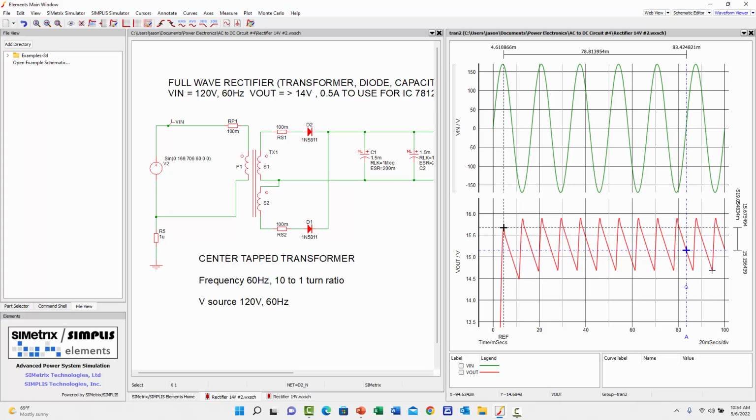The bottom is roughly around 14.7 volt, and on my max peak right here I got around 15.9 volt. So the total ripple is around 1.16 volt. On my right side here, the total ripple is almost 1.2 volt, very close to what we expected. And the bottom part is 14.7 volt, above the 14 volt that we want to design.